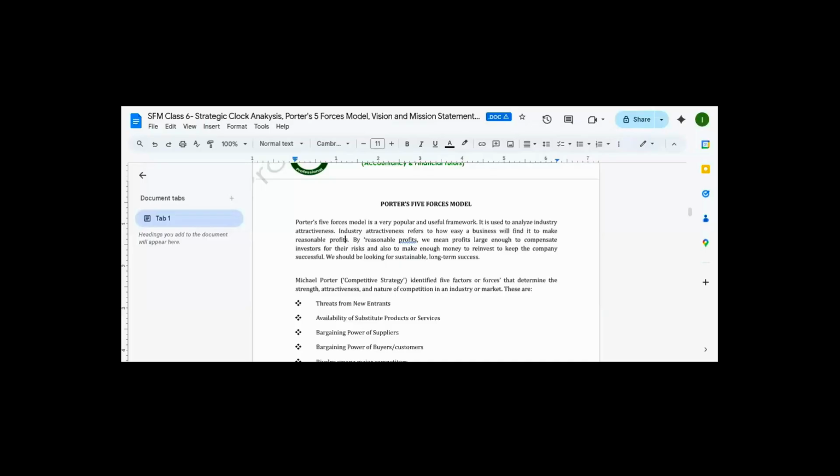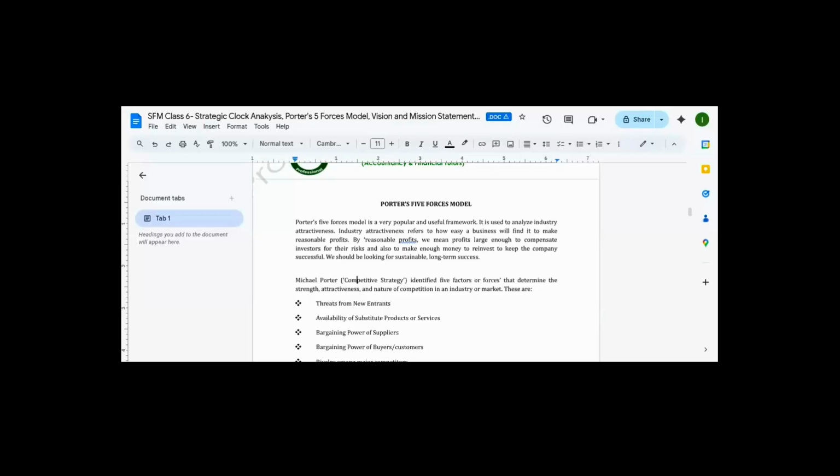Your reasonable profits should be large enough to recover your cost of research and make excess profit, and large enough for you to pay dividends to all the investors. And no matter how attractive the industry is, the degree of risk attached to whatever business we want to do there should be minimized, because most investors have a low risk appetite for any investment decision they want to partake in.